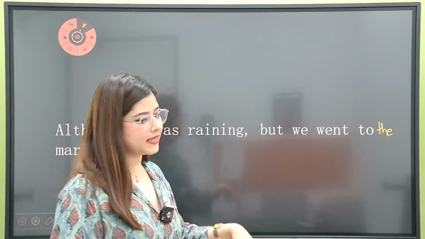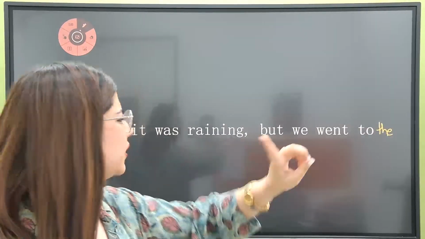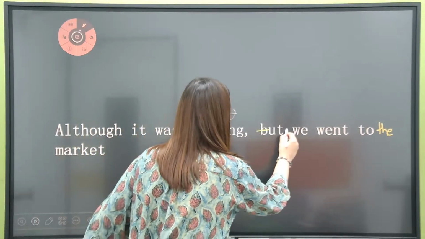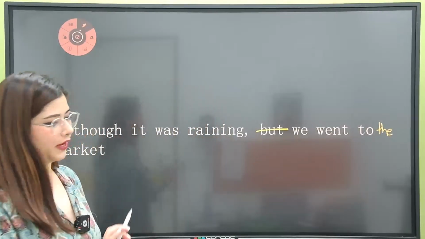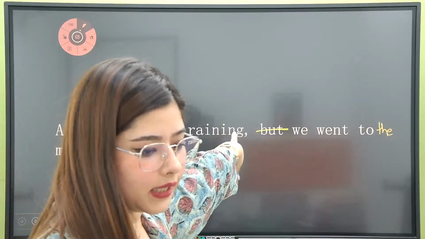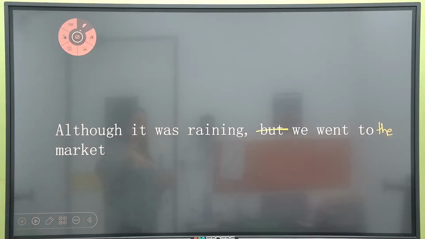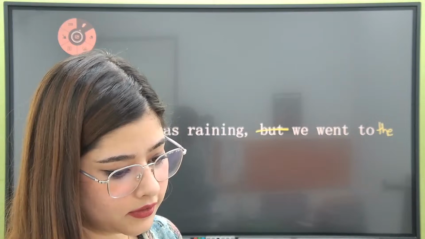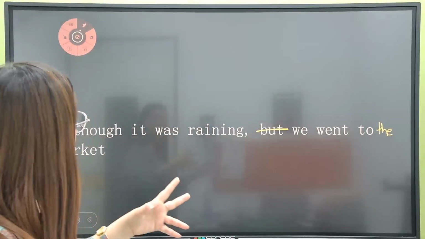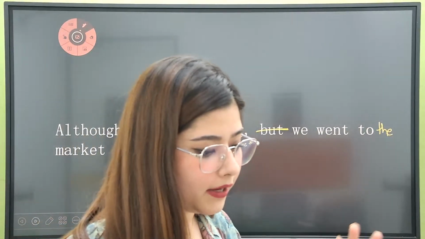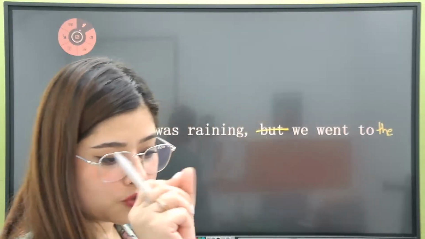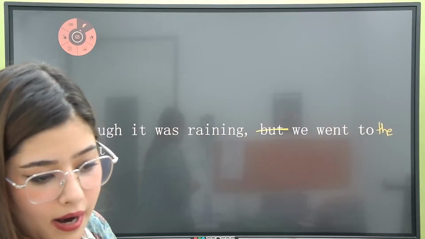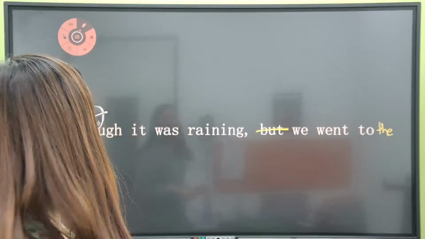Although, again, itself poses a conditional, we do not need to add but. Although it was raining, you will keep the comma though, we went to the market. That's it. You could say we still went to the market. That is also correct. But if you do not have to add anything, you just need to remove one word. Then if we remove but, the sentence is perfectly fine.